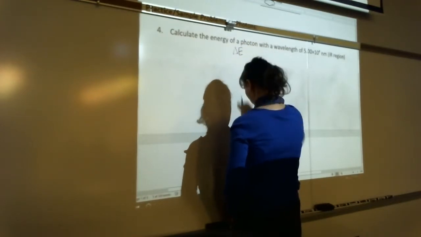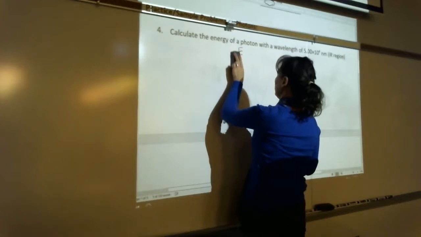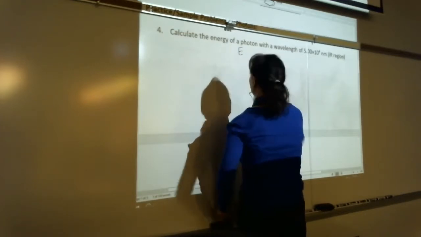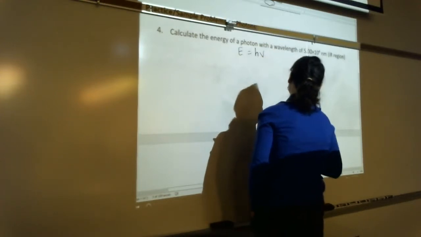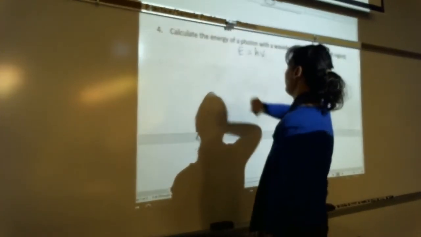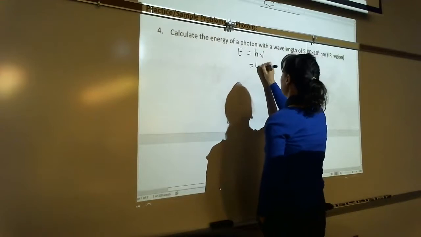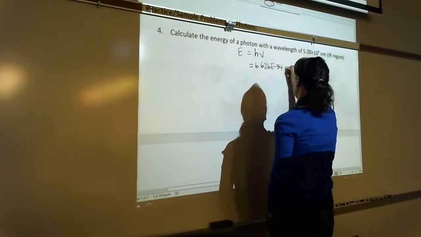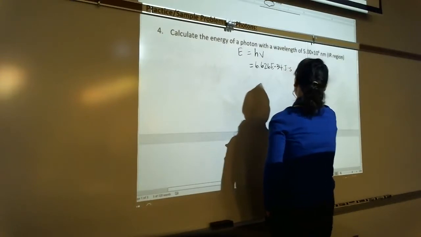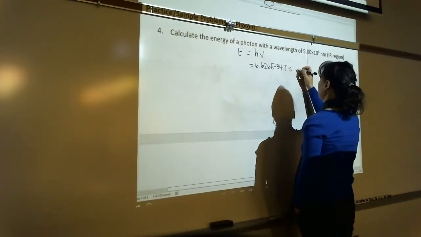We don't really need to put the delta there yet because we haven't talked about changing energy levels at the moment, so you just leave it as E. Planck's constant times frequency. E is what we're solving for. So it's just 6.626 times 10 to the negative 34th joule seconds times the frequency.